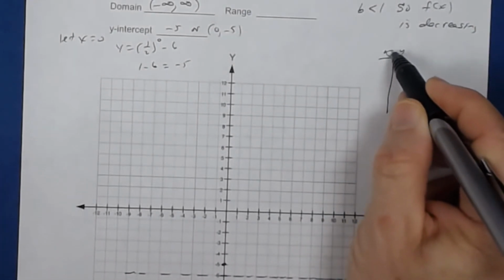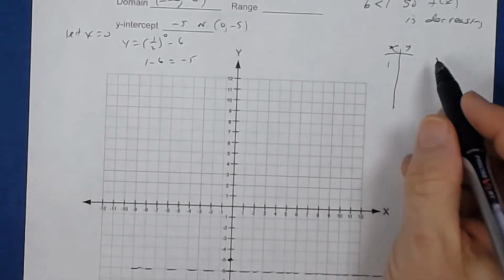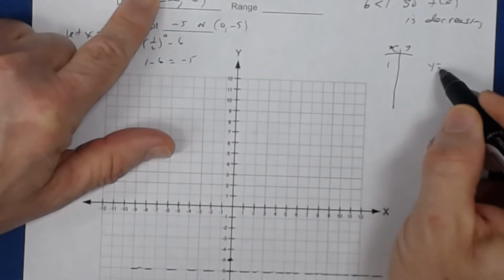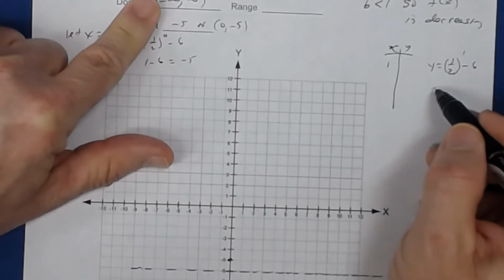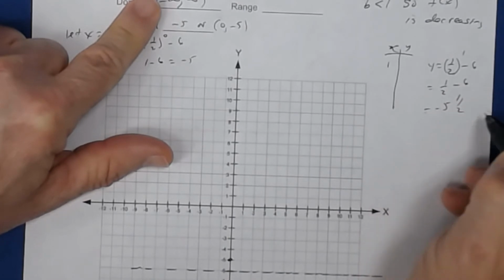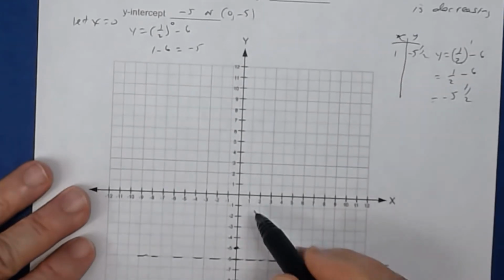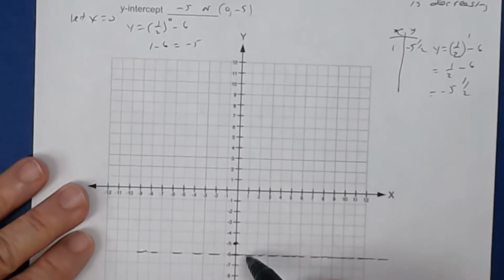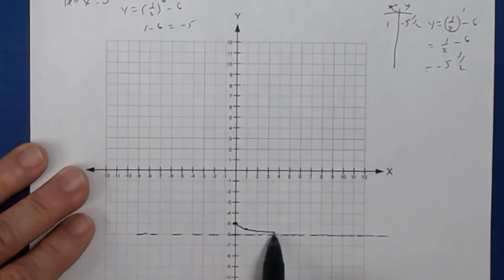Okay, so let's look at the t-table. So let x be, let's say, 1. If x is 1, I get y equals 1/2 to the first power minus 6. And 1/2 to the first power is 1/2. 1/2 minus 6 is negative 5.5, right? So 1, negative 5.5 is right here. You see that? So it's going to do this right here.